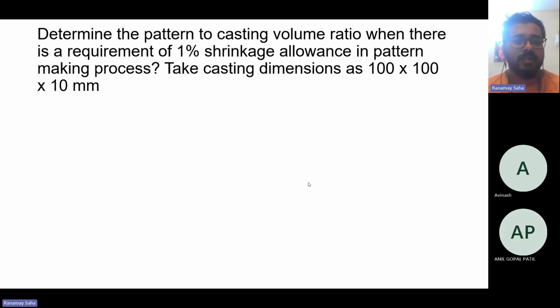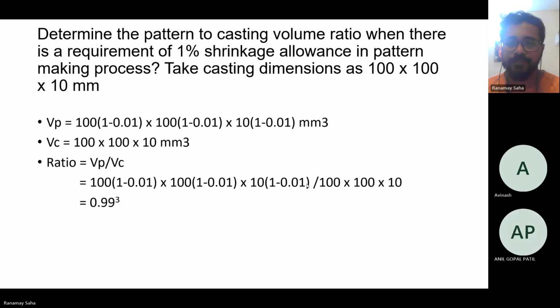Anyways, let me show you the solution. It's very simple. The question said you have to find out the pattern to casting volume ratio. Now, what is a shrinkage allowance? During solidification, the casting volume undergoes shrinkage, right?